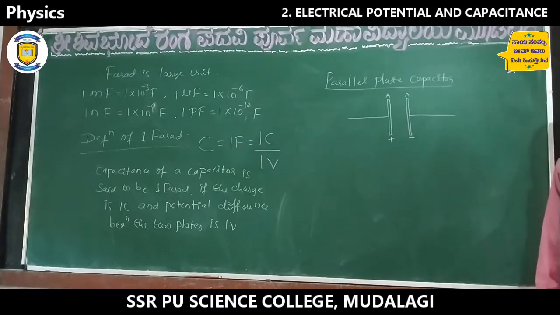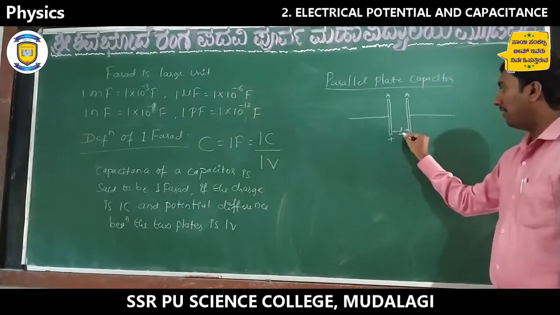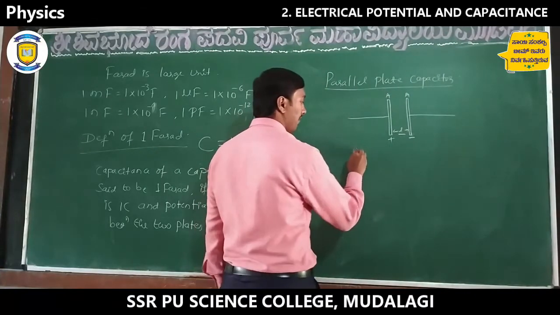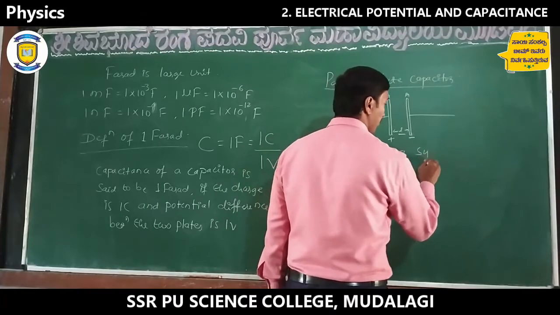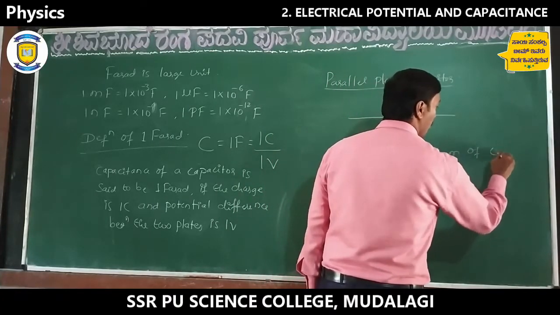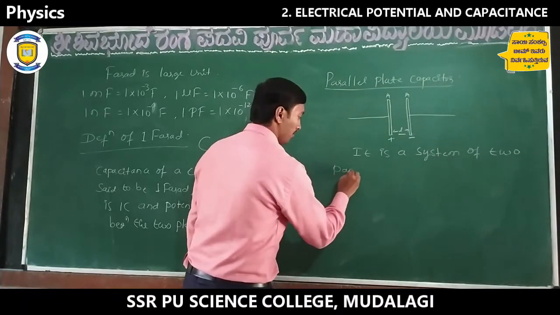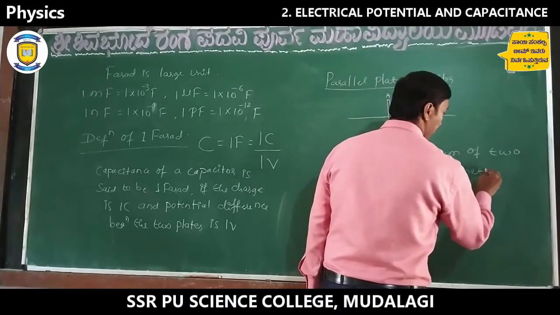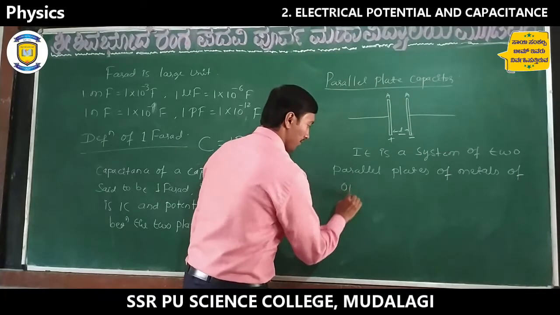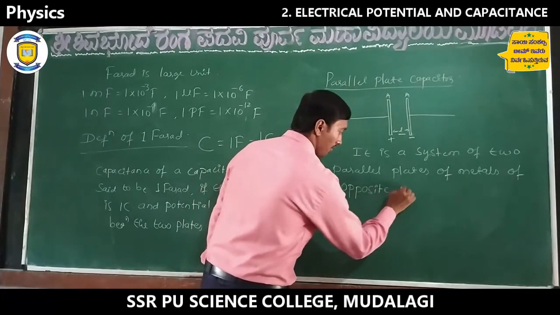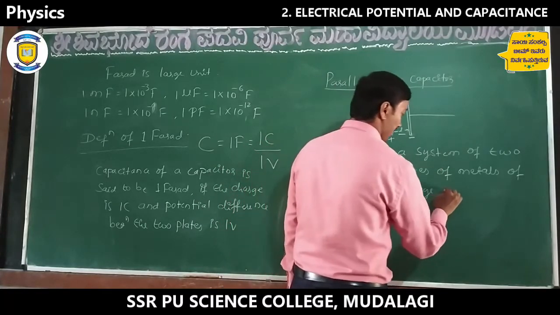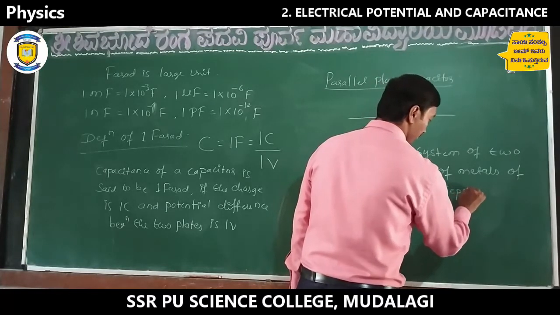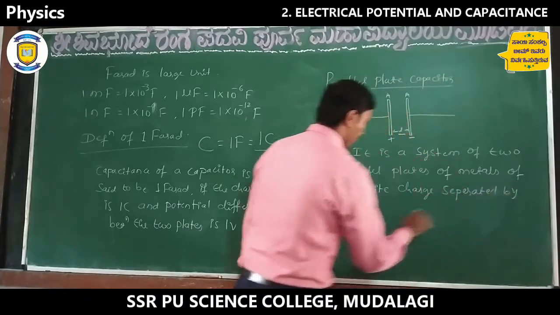A parallel plate capacitor is a system of two parallel plates of metals of opposite charge separated by a small distance.